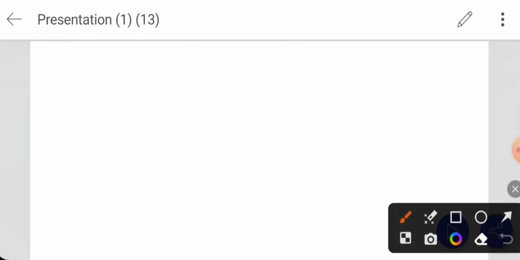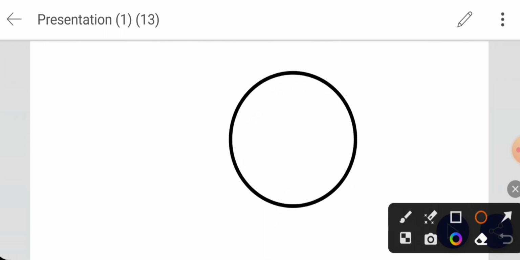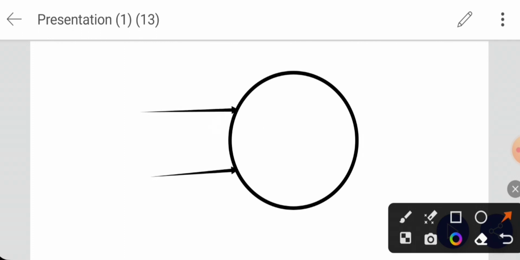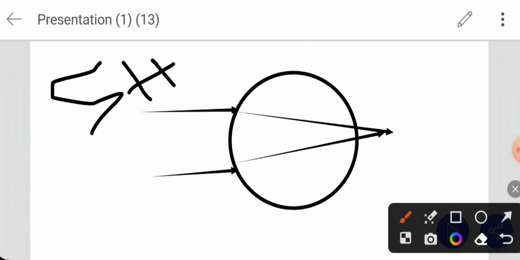That means there is no multiple focusing point. Suppose this is your eyeball, and these are the parallel rays hitting the cornea. If after refraction they get focused behind the retina, that is called hypermetropia. If all rays get focused on a single point behind the retina, that is called simple hypermetropia.